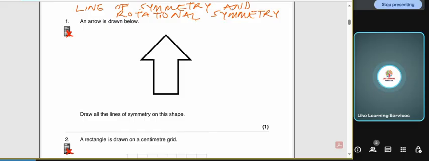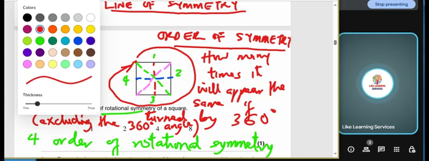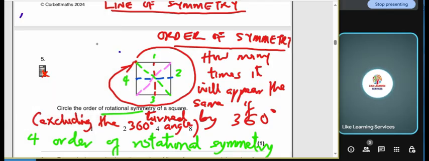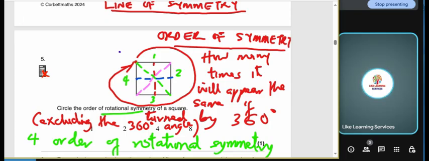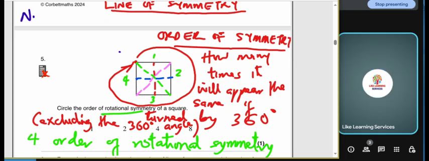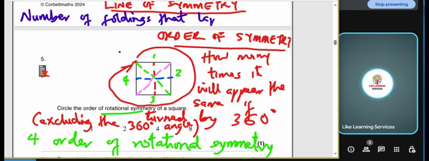Symmetry actually talks about halving. You know, it's about how many number of foldings that lap correctly.